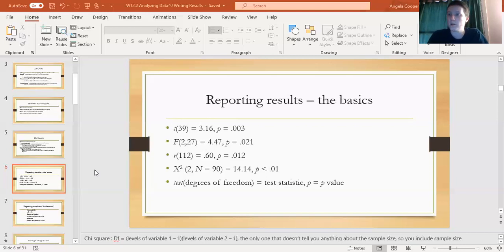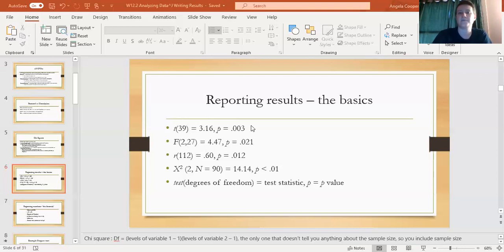So for all of these examples, we would actually reject the null hypothesis. 0.003 is less than 0.05, 0.021 is less than 0.05, 0.012 is less than 0.05. And obviously, if your p-value is super low, sometimes you'll report it as less than 0.01. And obviously, if it's less than 0.01, it's going to be less than 0.05.